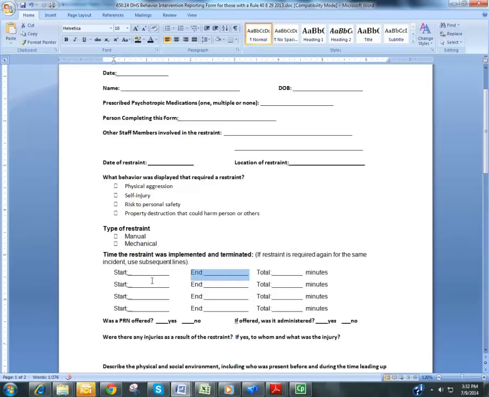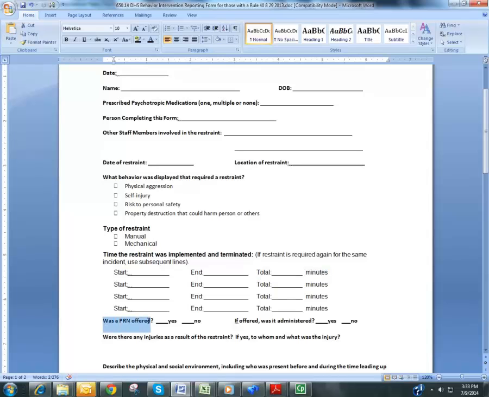So this does not count the situations in which you kind of attempted to reduce the restraint or let go a little bit and kind of tested them. We're looking at the actual start times and the end times, and so you should indicate the times on that, and then also you should indicate the total number of minutes that went by during that restraint.